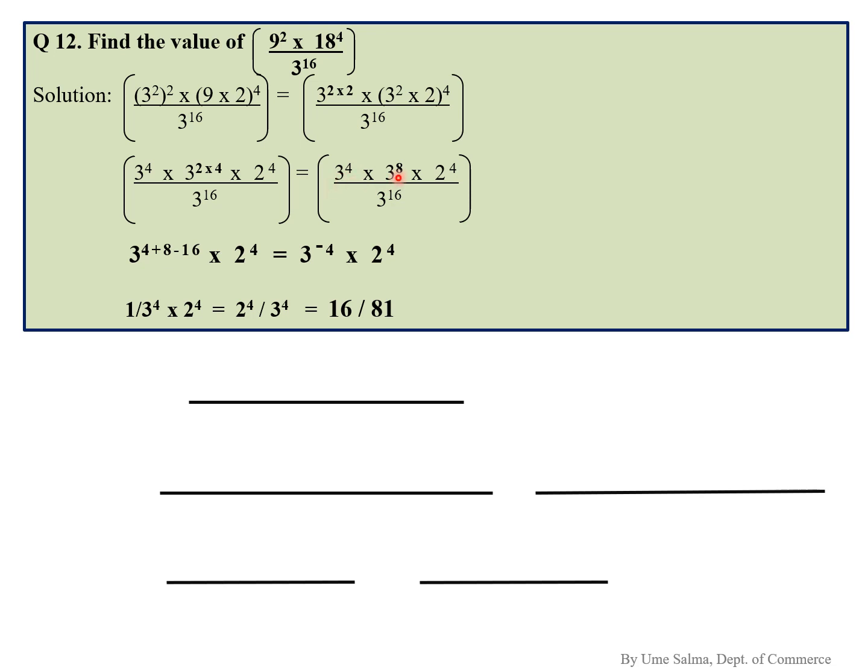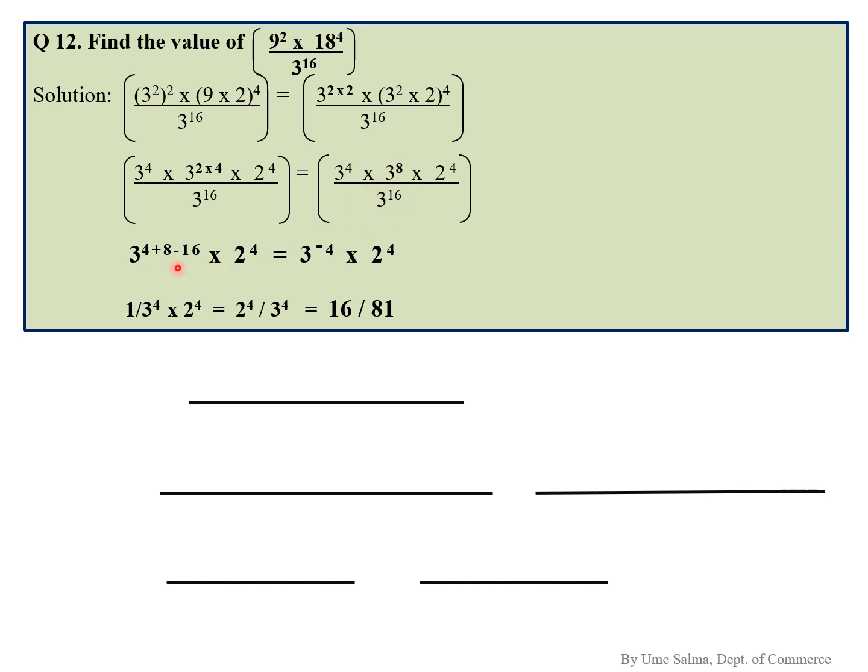So that is why we have taken 3 to the power 4 plus 8, because this is multiplication, so it becomes m plus n here. So 4 plus 8, but this is m by n, which means you are going to deduct this exponent 16. That is why we have taken minus 16. Do not get confused why it is getting subtracted here, because this is the division function. So that is why you have to deduct. And 2 to the power 4 is taken as it is.